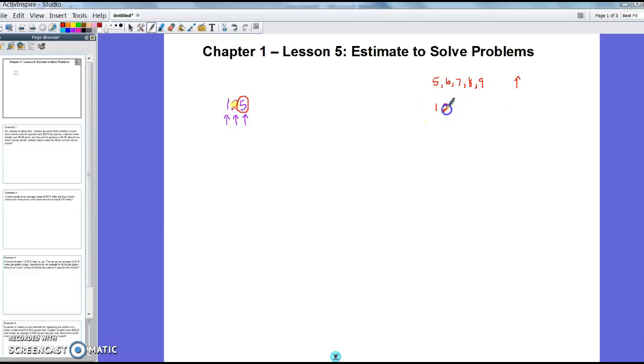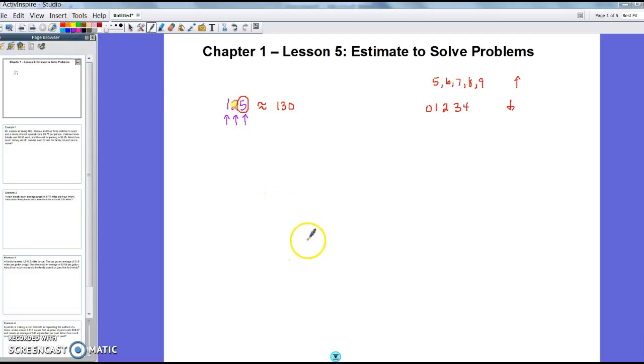If the number is 1, 2, 3, 4, or 0, you round down. Because 5 is in the first group, the 2 is going to round up to a 3. So 125 is about 130. We have to make sure that we put a 0 in that ones place because we're rounding. It's just an estimate.